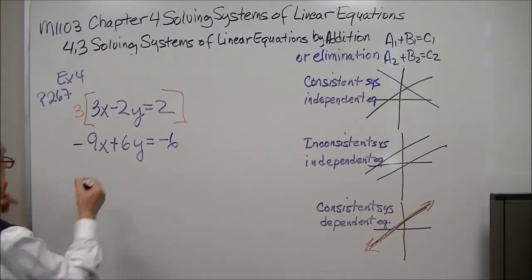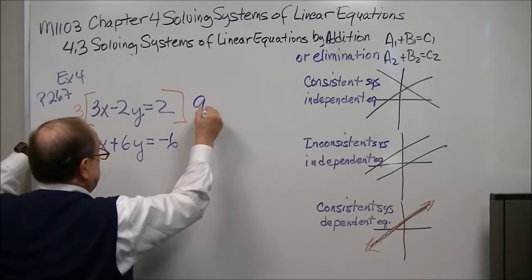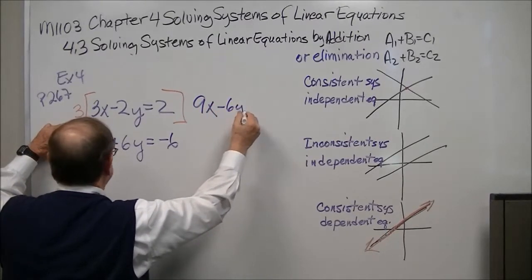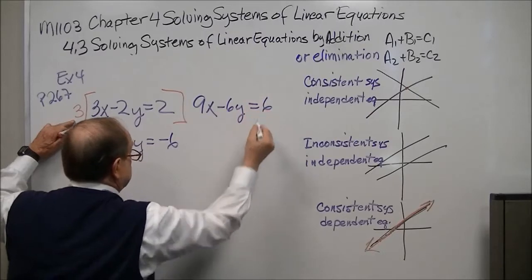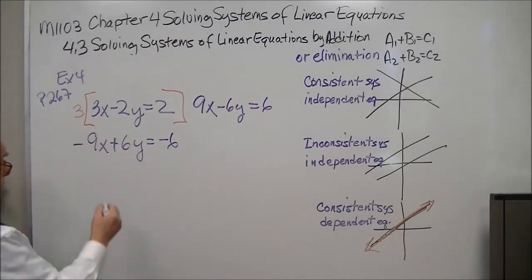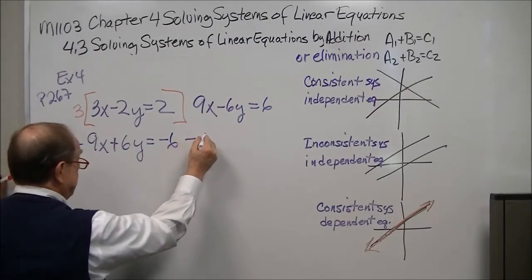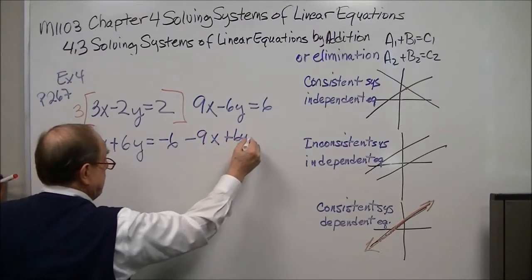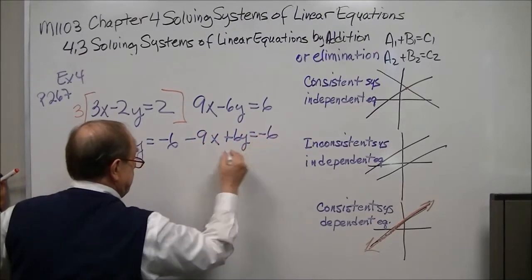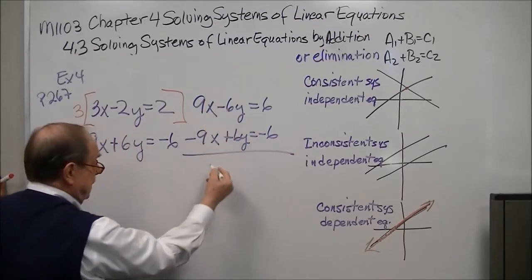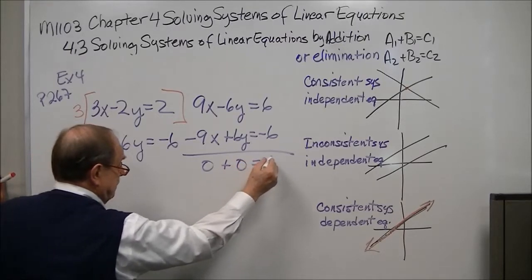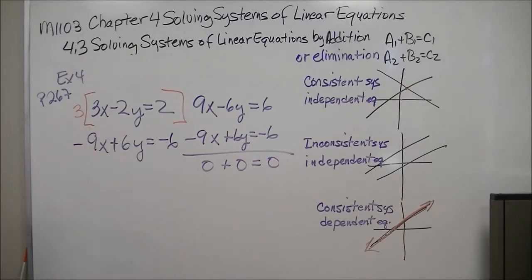And it then becomes 9x minus 6y equals 6. And you'll notice something here, -9x plus 6y equals a -6. So when we add these up, this is 0, this is 0, and this is 0.